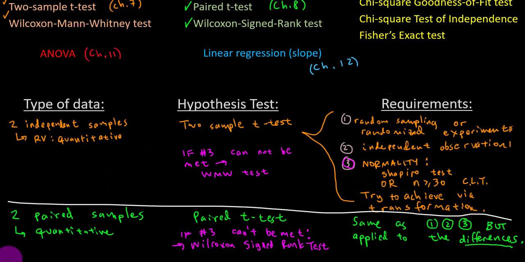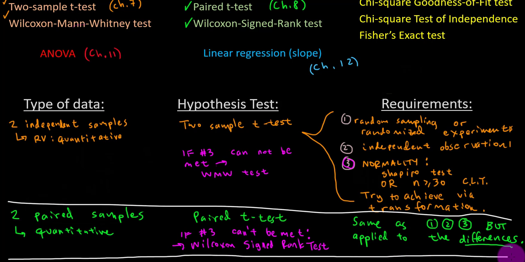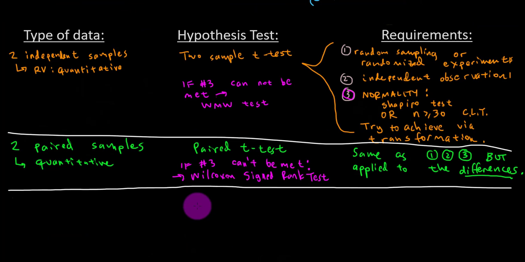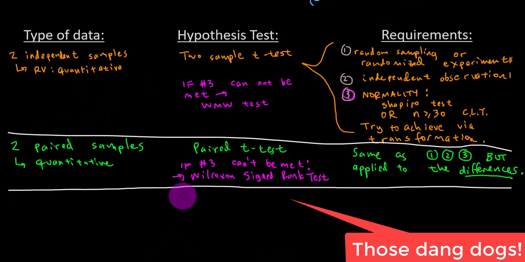We will move to the yellow zone here, which was where we talked about categorical data. So the type of data here is about to take a shift. In chapter 9, the first hypothesis test for categorical data that we saw was applied to the proportion.